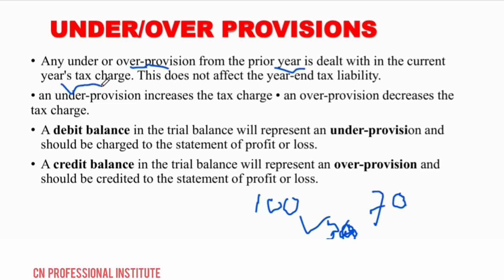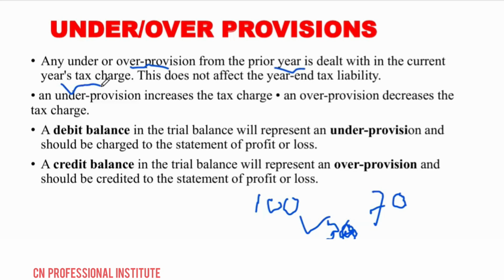As I said, if you have made over or under provision from the previous year, when it comes to this year, you do the adjustment in this year. If you have overestimated, you have to come and less it. Because in a way, you've paid more or you've made provision more than you are supposed to. So it's like an income to you.